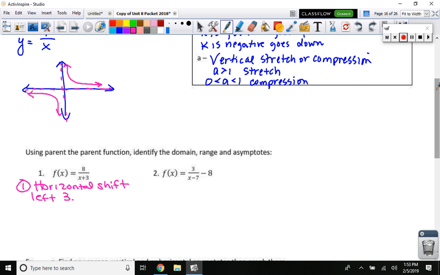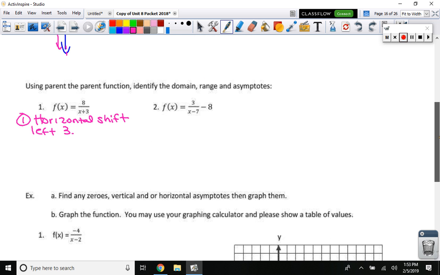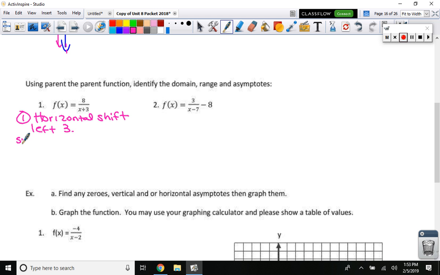No. Okay, so I know based off of this, my vertical asymptote is now x equals -3. Now, could I also just check by my rules and find out where it's undefined and say it's undefined at -3? Yes. That should match up, correct? Okay, and it does.